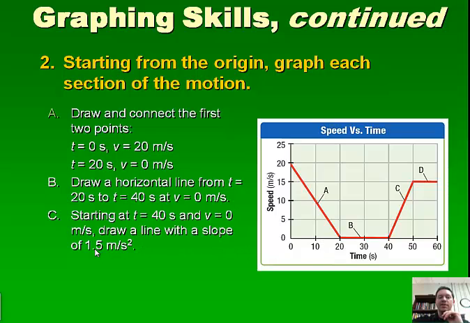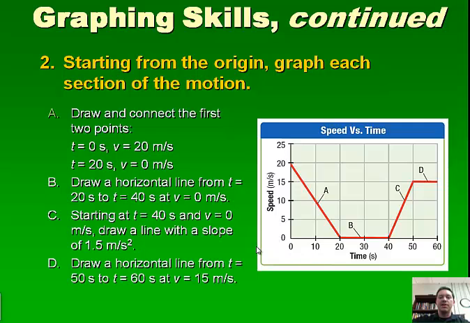And we can figure out the acceleration. So how many meters per second would we have to get? 5, 10, 15. We go 10 seconds. So 15 divided by 10 gives us 1.5. So that's how we get this slope.